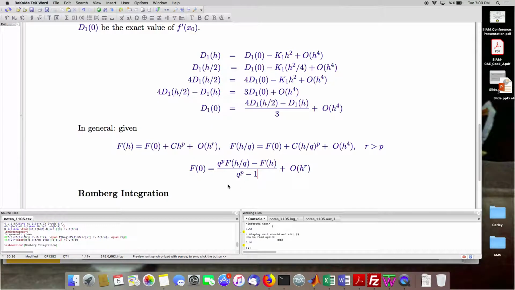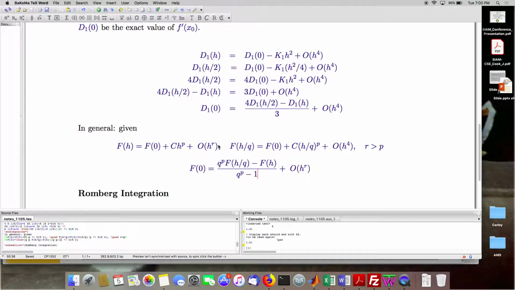So that's how it works in general. If you have two approximations, one with spacing h and one with h divided by some factor, and you know that the error is of a certain order p, so you have to know the form of the error before you begin, then this is how you combine the approximations to get a new approximation that is order h to the r, where r is the next term that's known to be in the error.